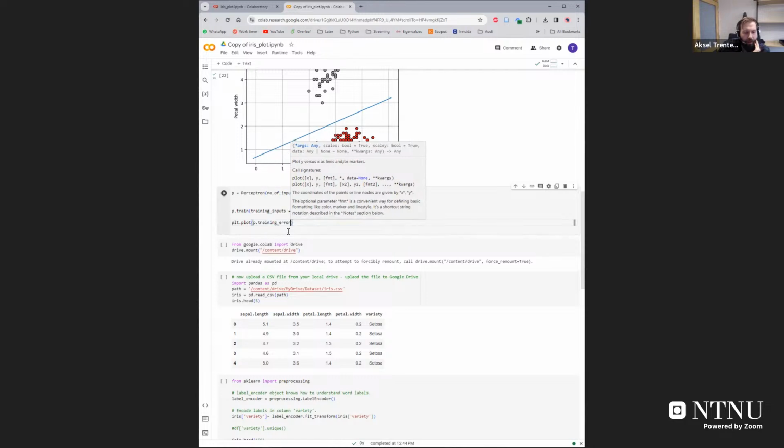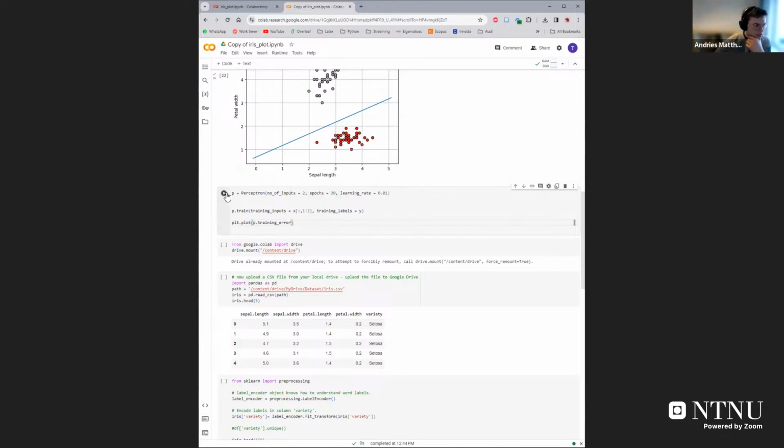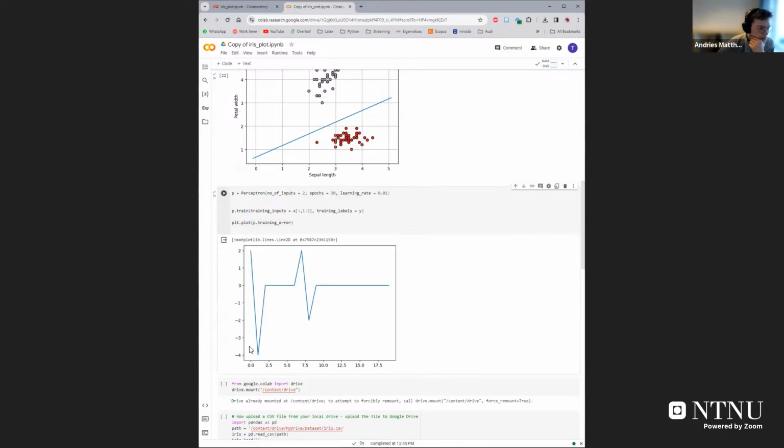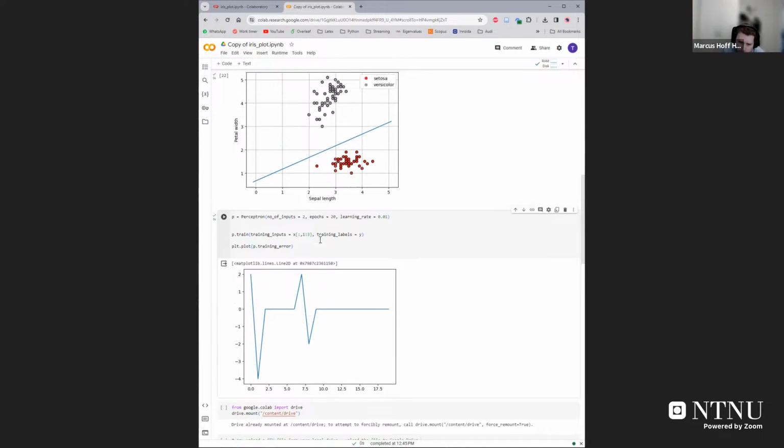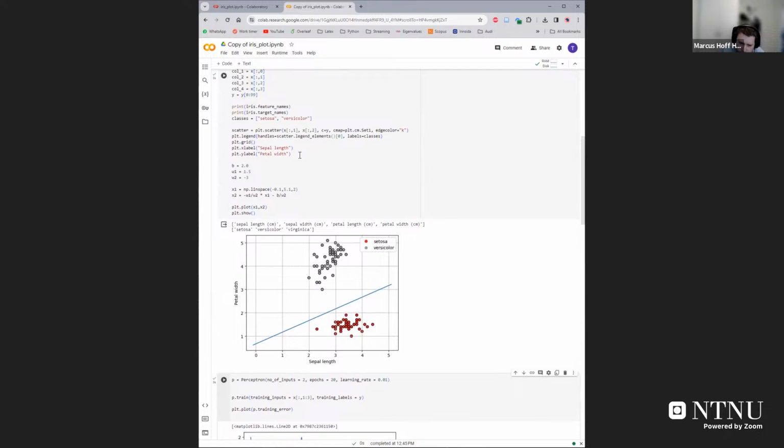Yeah, that's probably it. Training error. And this is automatically 20 arrays long. Why does it go from 0 to... No, it goes past 17.5, so it's probably 20. So that's okay.